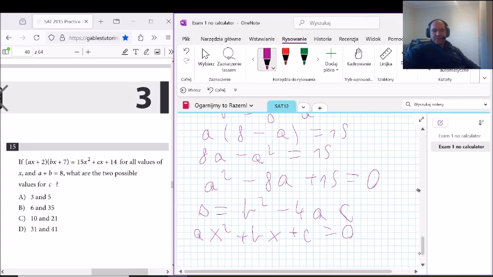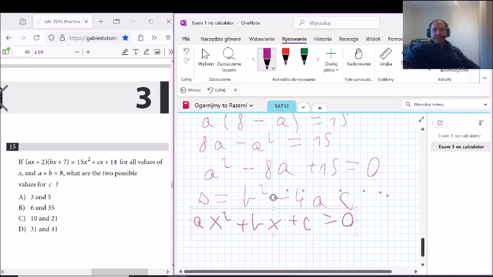Do not make a mistake. This a here is not the same as a here. This a here is x, corresponding to this x in a normal formula. So our a, b, and c for our delta will be: a would equal the coefficient near the a squared term.